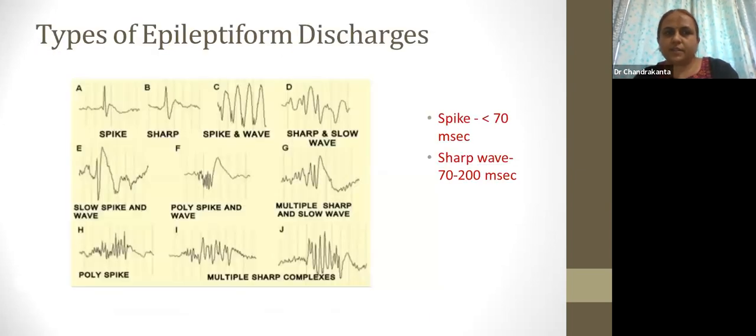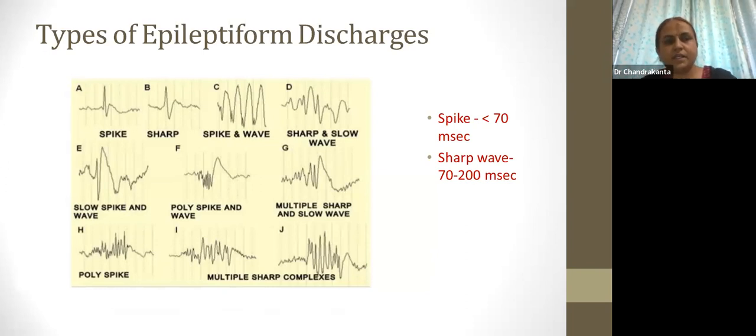And the abnormality can be in the form of epileptiform discharges. And now we are aware of the terms spike, sharp and polyspike. So what is a spike and what is sharp? These terms we will hear again and again.